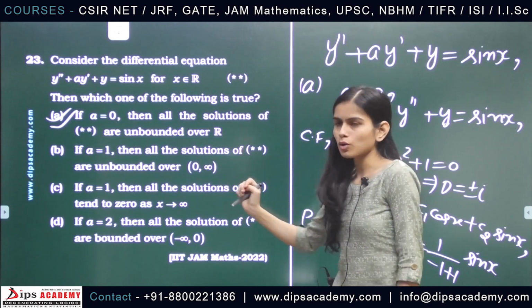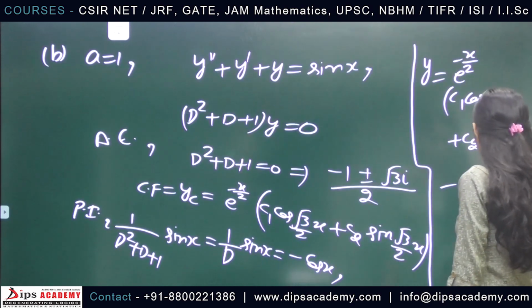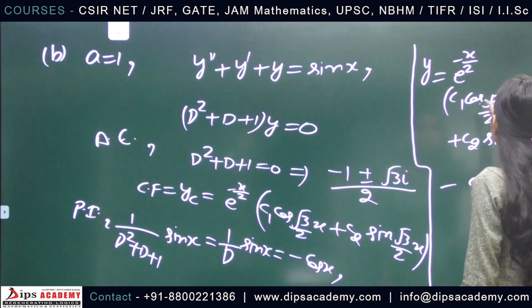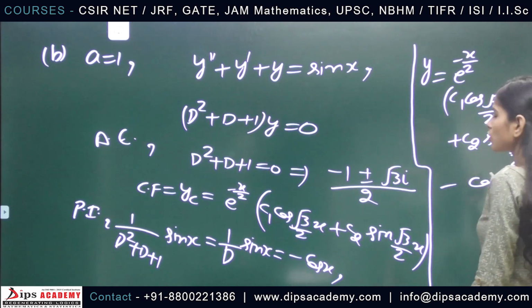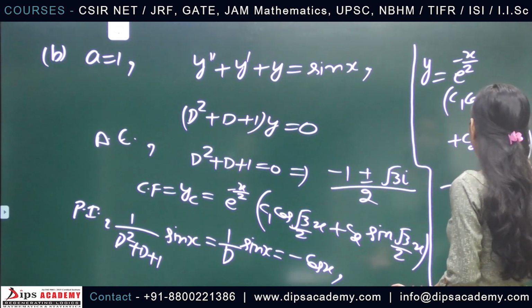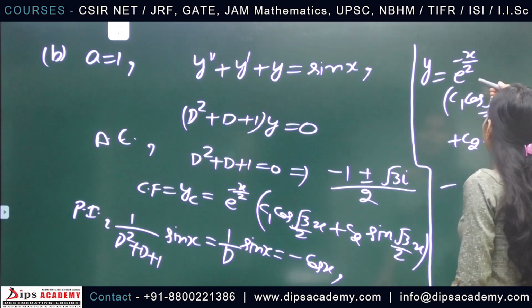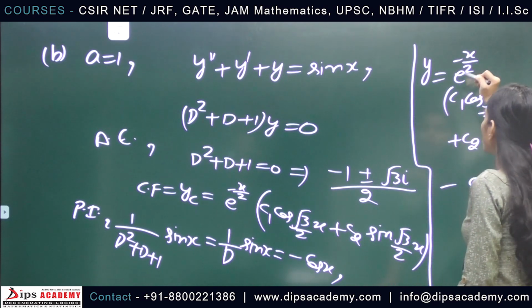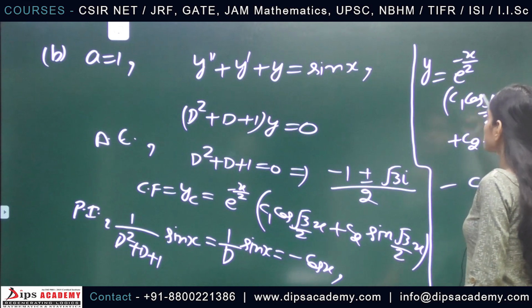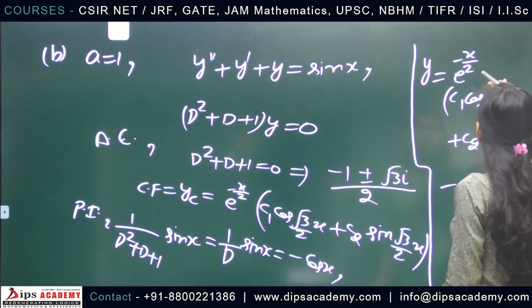But we have this solution. Over 0 to infinity, we know cos x and sin x are bounded over R, and this function will be bounded when it extends to infinity.